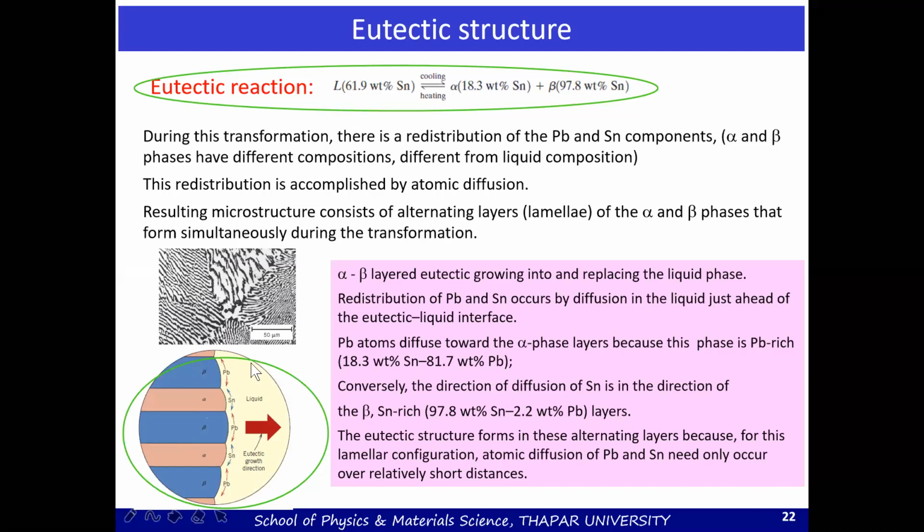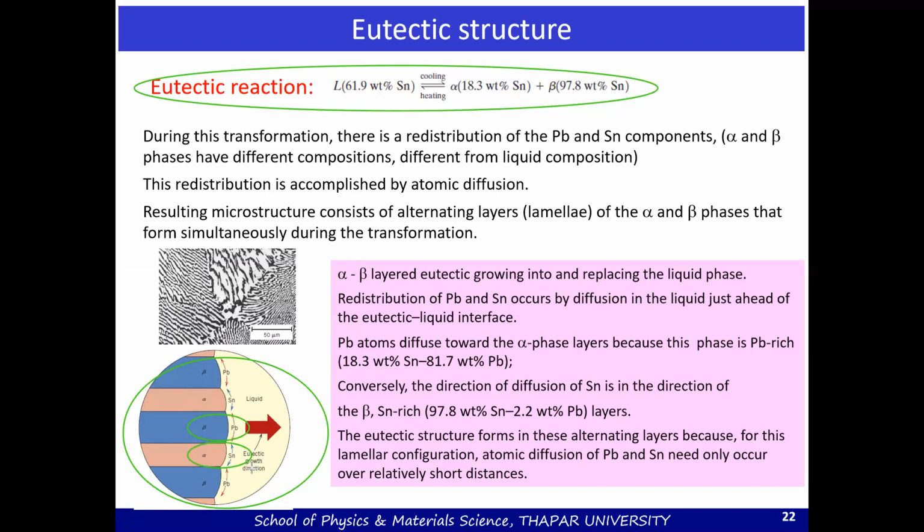Here you can see your Sn is facing the alpha phase while your Pb is being faced by the beta phase. You can see here, beta is facing the Pb while alpha is facing the Sn.